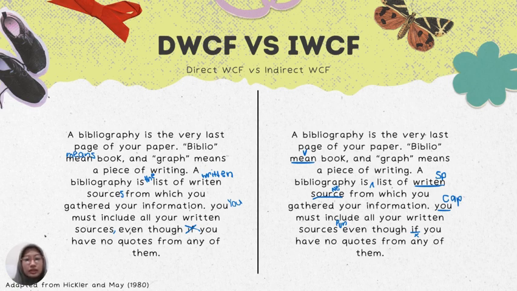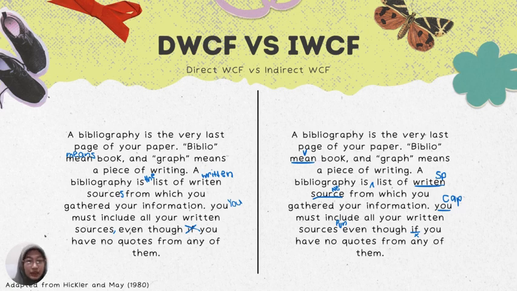Then the U here should be capitalized, so the corrector directly writes the U capitalized. And then here if is the unnecessary word, so the corrector directly crosses the if.